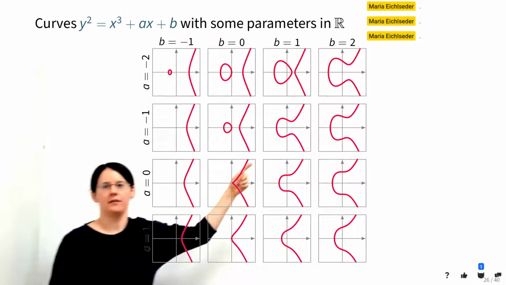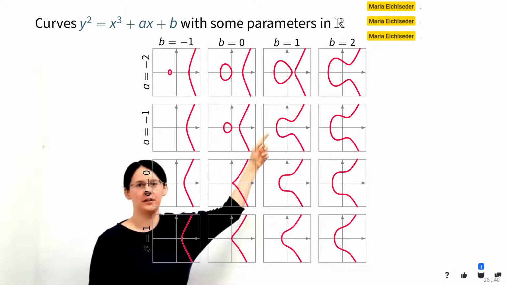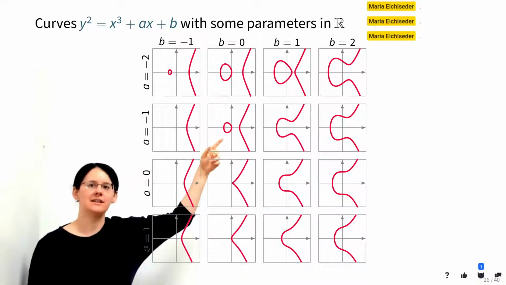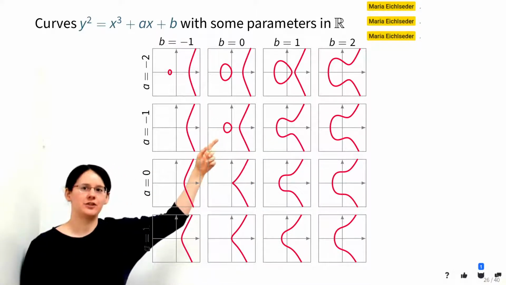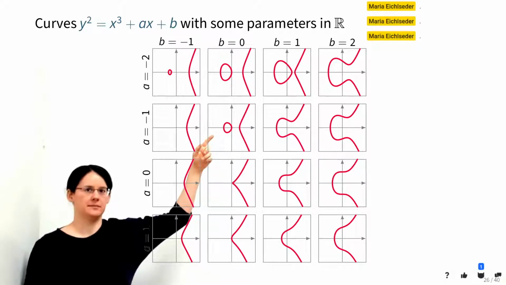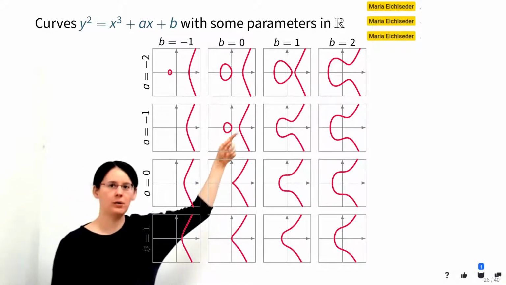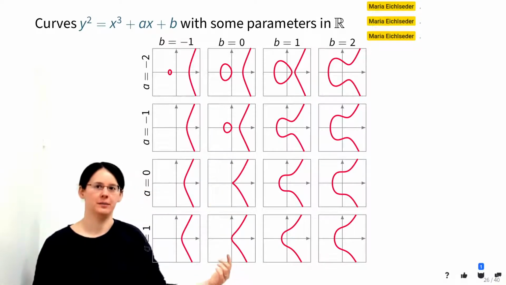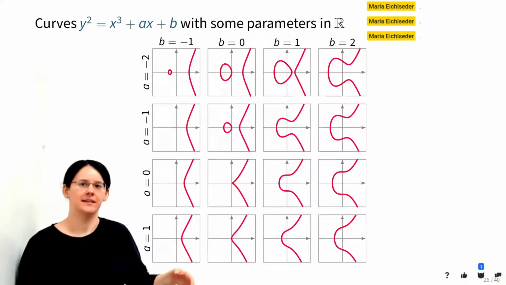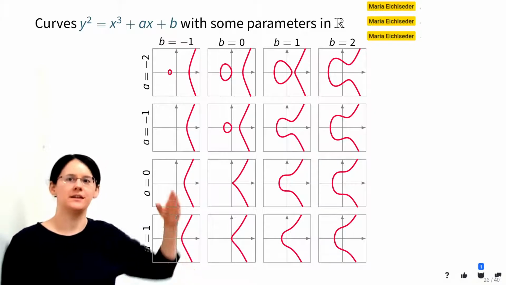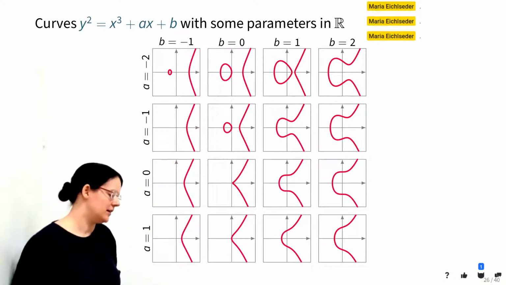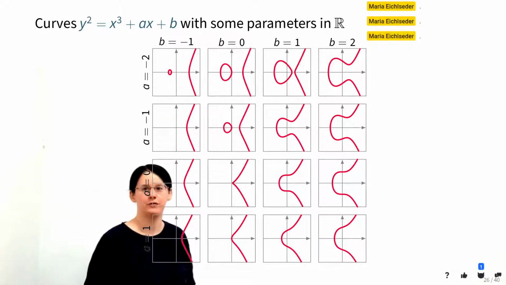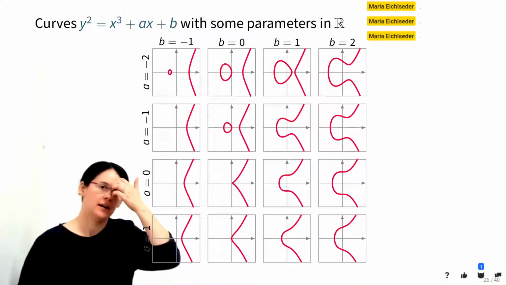Some of them have this sort of bubble here in front, and this bubble may also disconnect. So you may have a shape where you have 2 components, small bubble and the curve, which looks very similar to the curve without the bubble. In the nice cases, all of these shapes are smooth, so they are differentiable at every point.